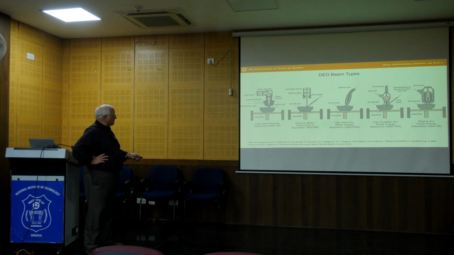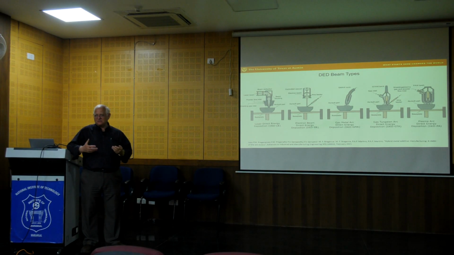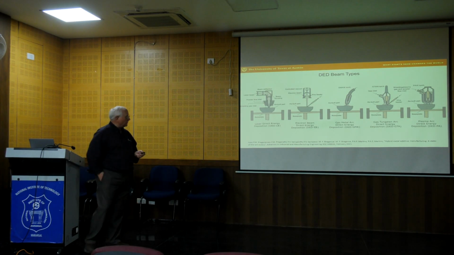We have the electron beam, where typically the e-beam processes use a wire feed. And again, the difference between wire and powder is primarily the deposition rate. We can deposit material much faster with a wire than we can with a powder.